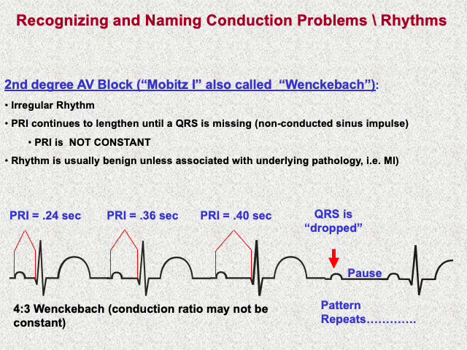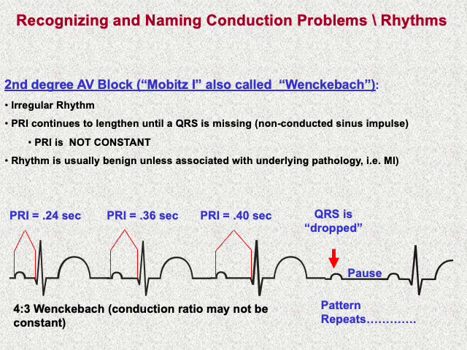The second degree heart block means not all cardiac impulses are conducted to the ventricle. So we have two types. The first type is Mobitz type 1, which is second degree type 1, also called Wenckebach. We have here progressive lengthening of the PR interval until one is not conducted.